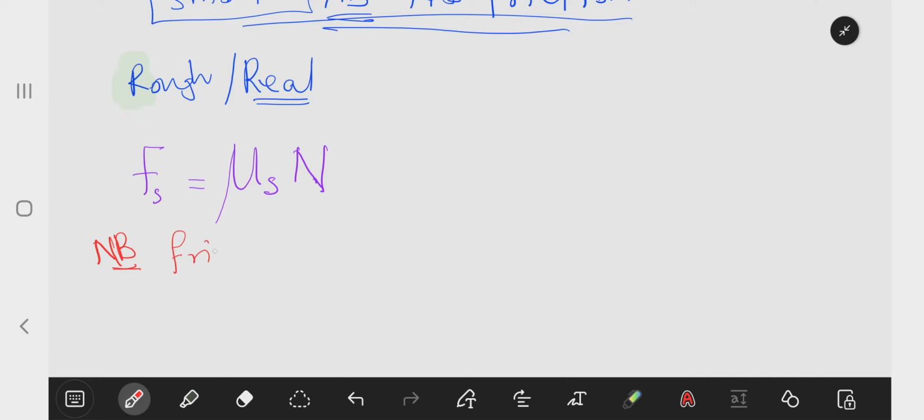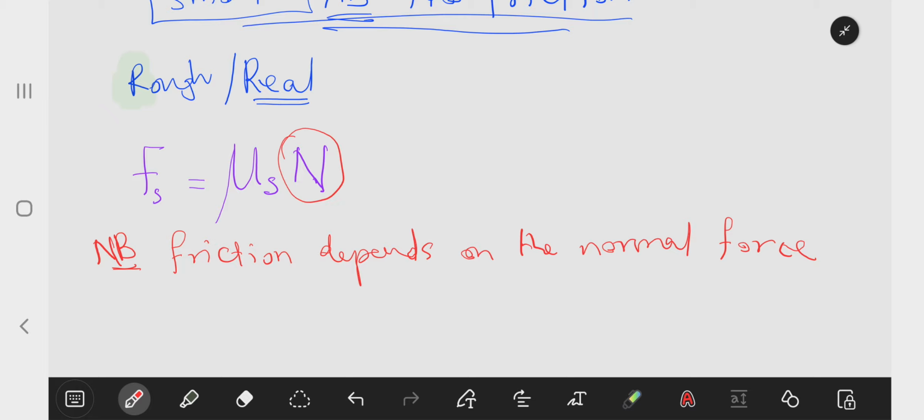So friction is a function of, to simplify it, friction depends on the normal force. We can also see from the formula that your static friction is equal to the coefficient of static friction multiplied by the normal force, okay?